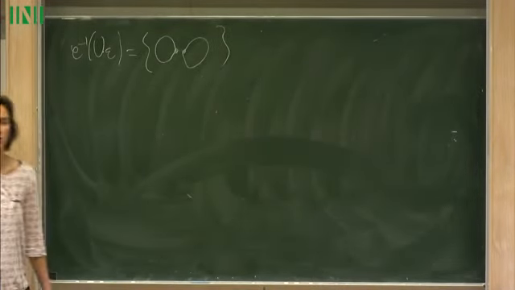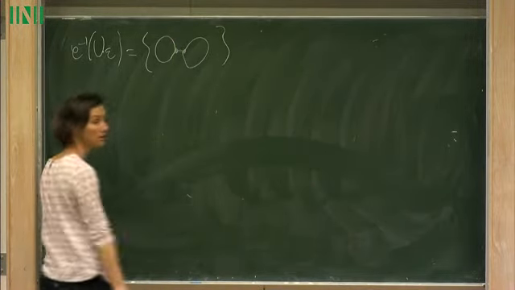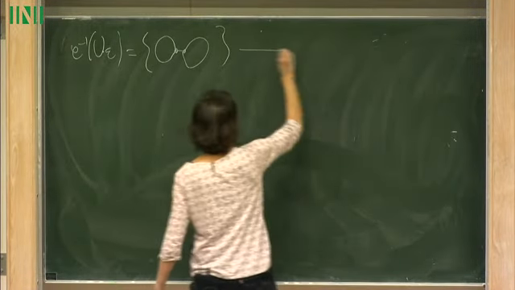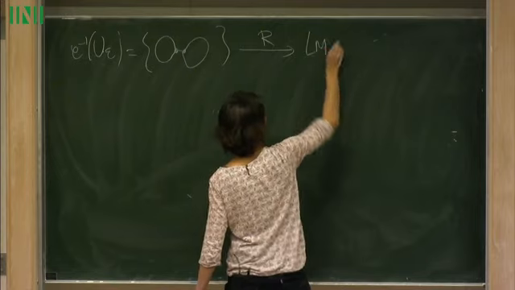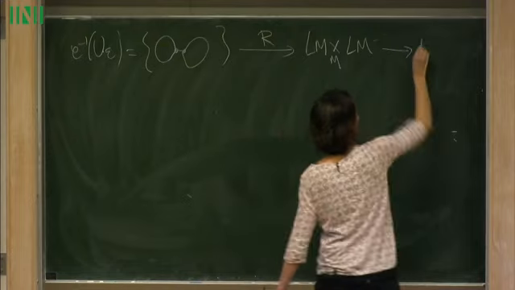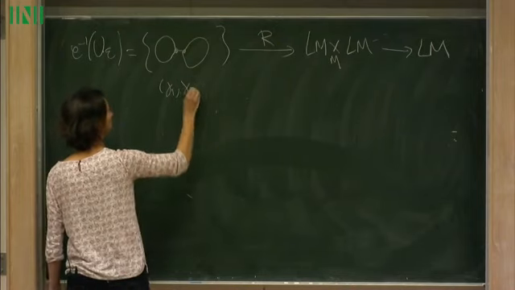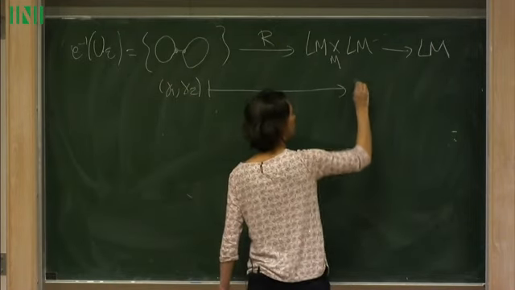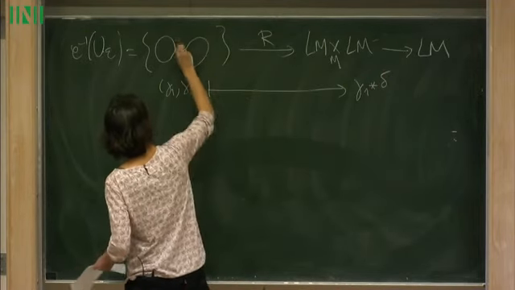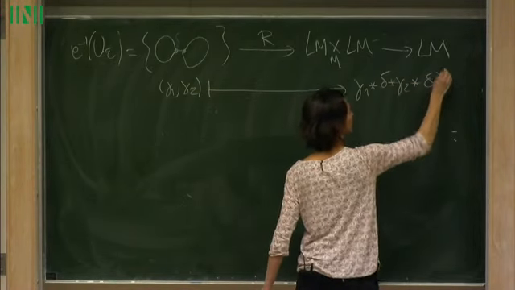The evaluation at the base point is close by, and in particular there's a unique geodesic here, and so I have a happy retraction to Lm cross over M Lm, which I can then follow by concatenation, which takes gamma 1, gamma 2, two loops, to: I'm going to do gamma 1, and then the little geodesic between the two loops, and then gamma 2, and then the geodesic inverse.